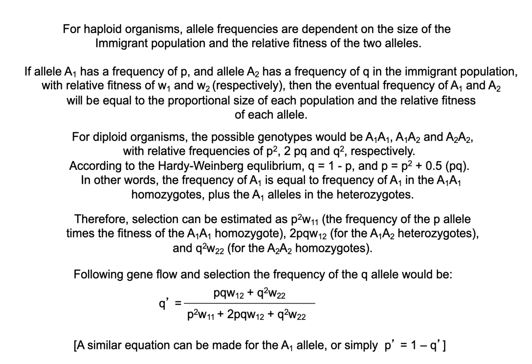The alleles can be in the same population also, so it doesn't have to be an immigrant population in this case. For diploid organisms, the possible genotypes would be A1A1, A1A2, and A2A2, with relative frequencies of P squared, 2PQ, and Q squared, respectively.